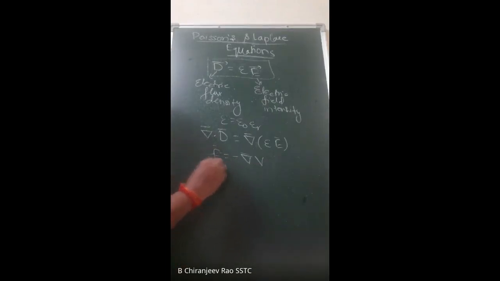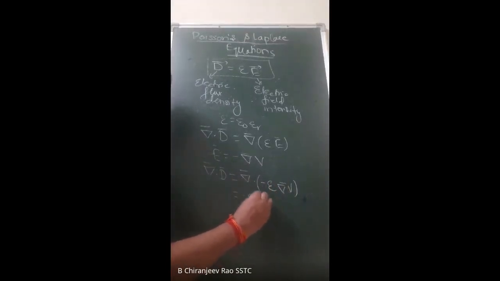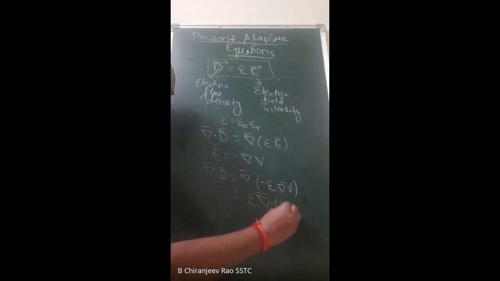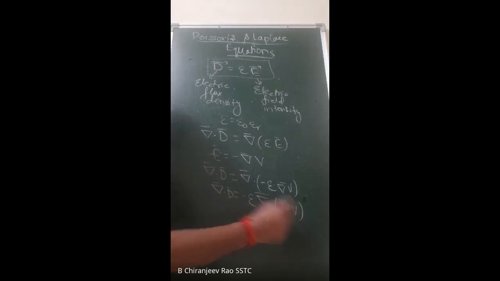So the vector operator dot D, divergence of D, is equal to the vector operator dot minus epsilon, and in place of E, it will be the vector operator V. You can take this minus epsilon as constant. So we have minus epsilon, vector operator dot vector operator on V, and what is divergence of D?